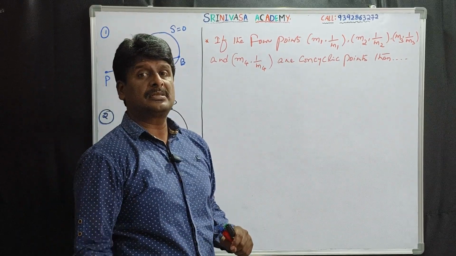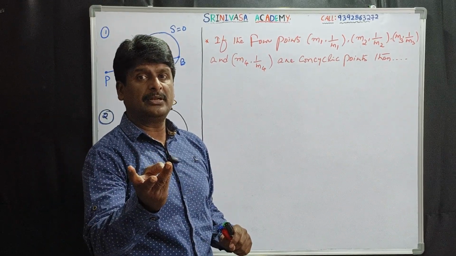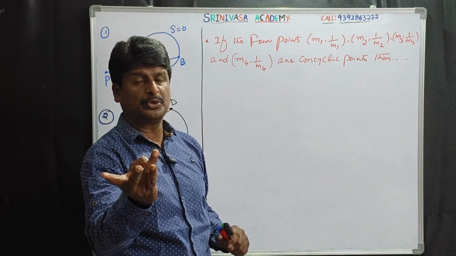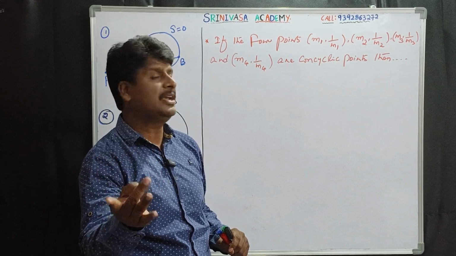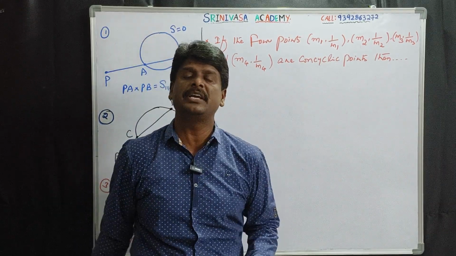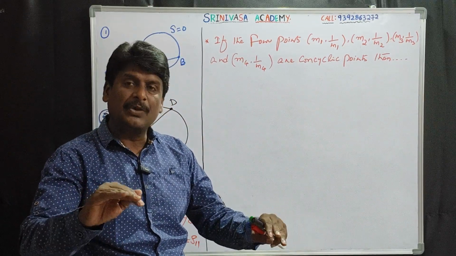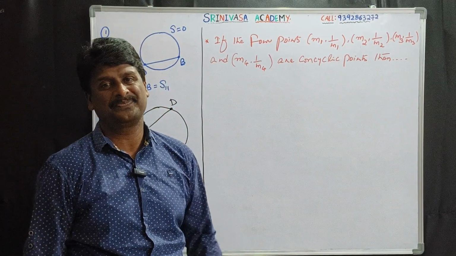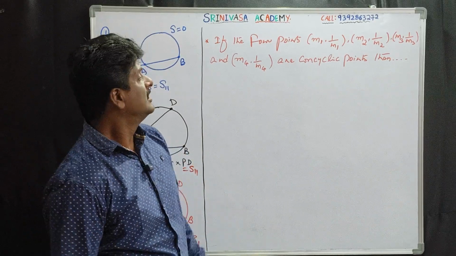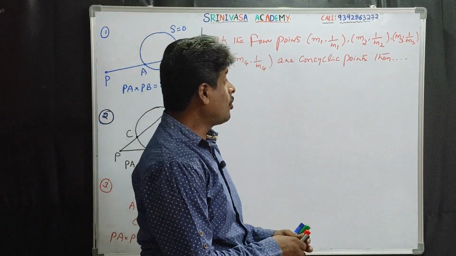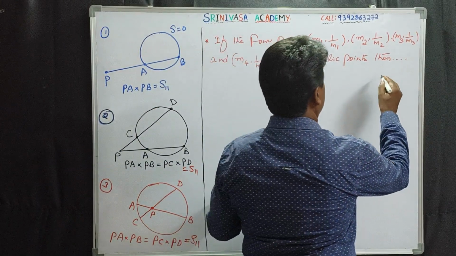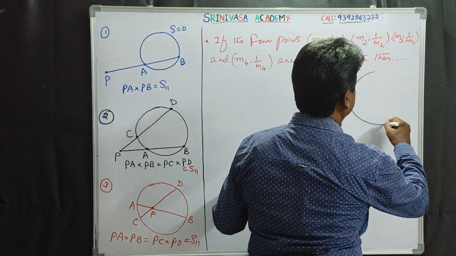4 points (M1, 1 by M1), (M2, 1 by M2), (M3, 1 by M3), (M4, 1 by M4) are concyclic. Then what will be the condition? Okay. See, these are concyclic, meaning lying on the same circle.